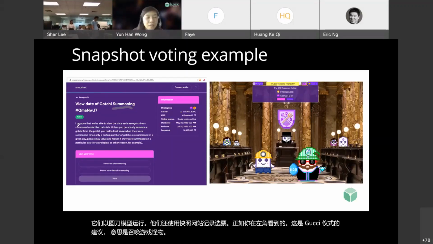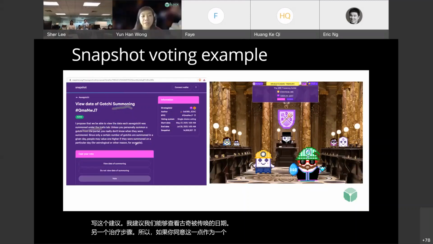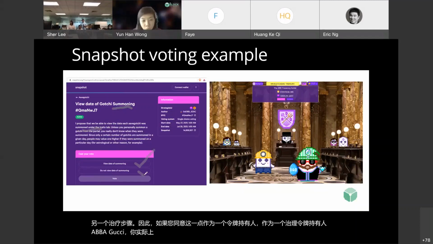Someone wrote this proposal: I propose that we be able to view the date each Aavegotchi was summoned under the trades tab. So if you agree with this, as a governance token holder of Aavegotchi, you can vote yes or no. All right.